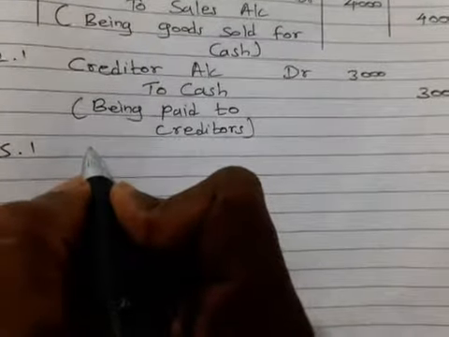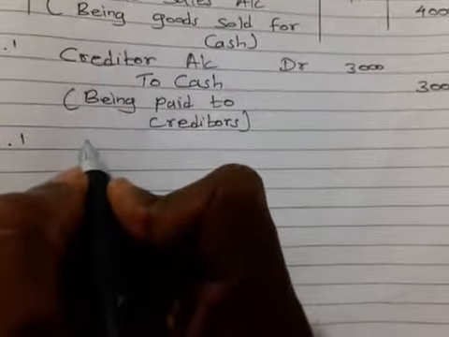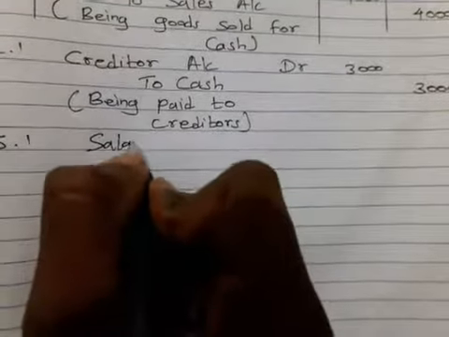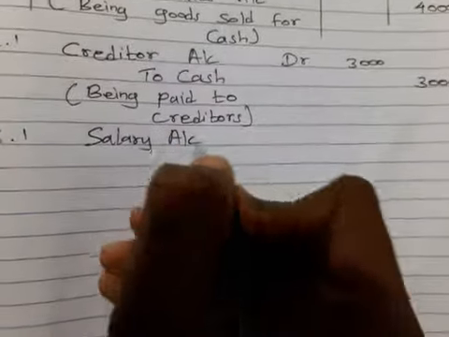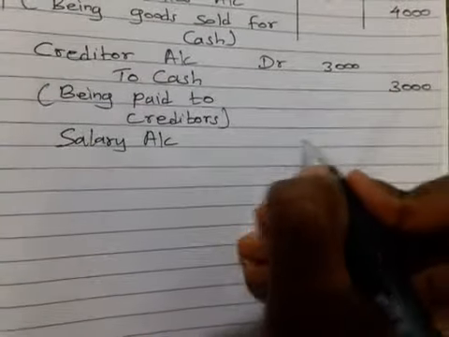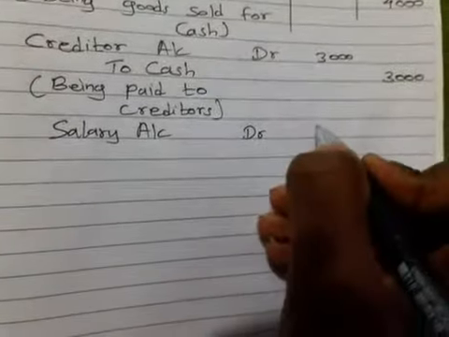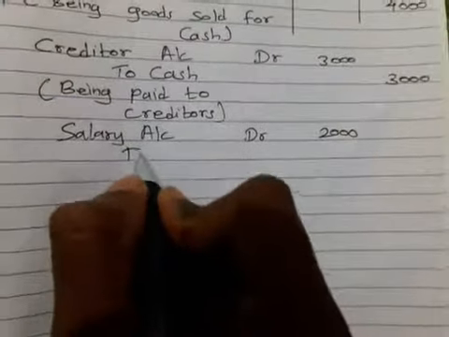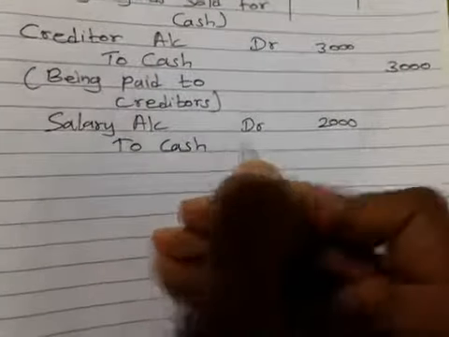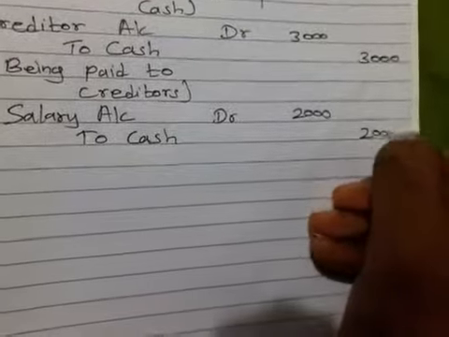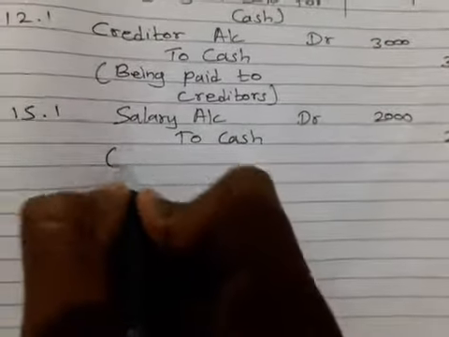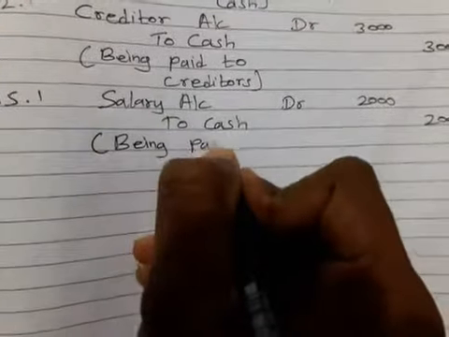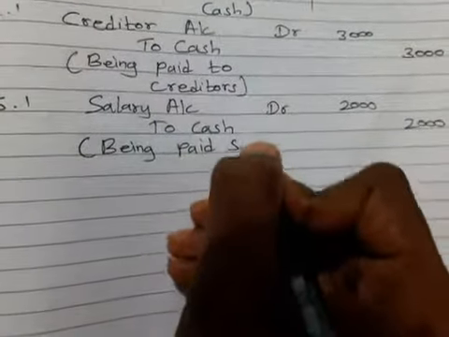Salary is an expense type of account, so when it increases, we have to record in debit side. Salary account debit 2,000, to cash 2,000, being paid salary.